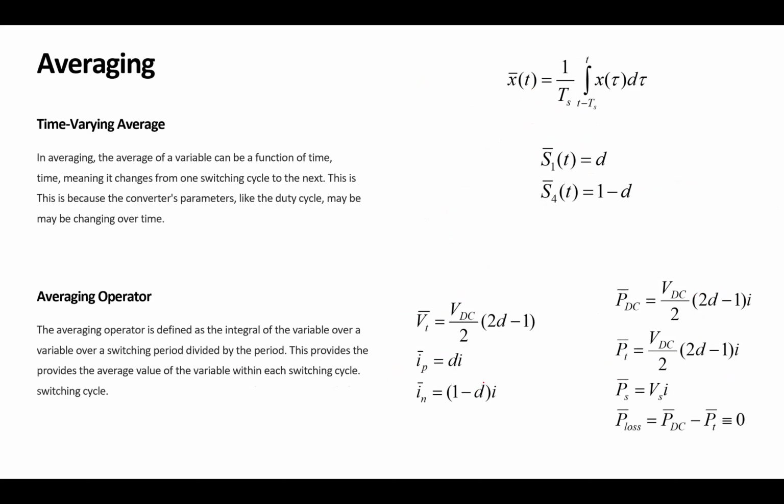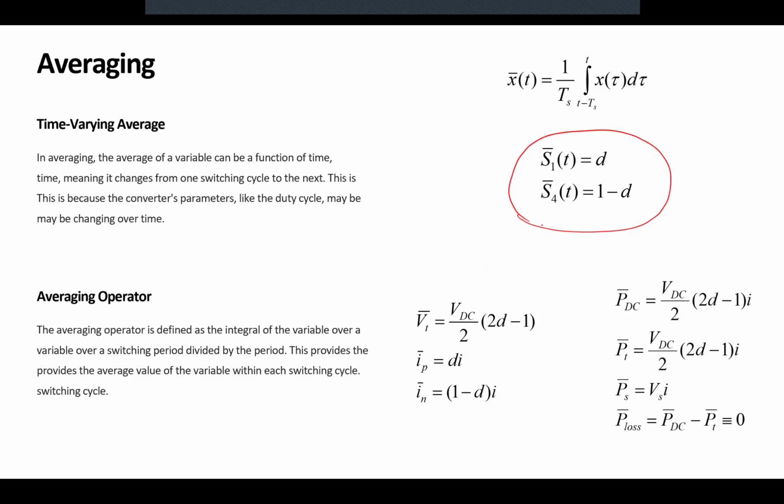Yeah, thank you. Okay. Now, if we do the average part, the time variant function that we had always came from the S function, the switching function. Do you remember that? Because our voltage was DC and the current was DC at the source. What changed it from a constant to a time variant was the effect of the switches, which we defined based on the time functions S1 and S4 for the top switch and bottom switch.